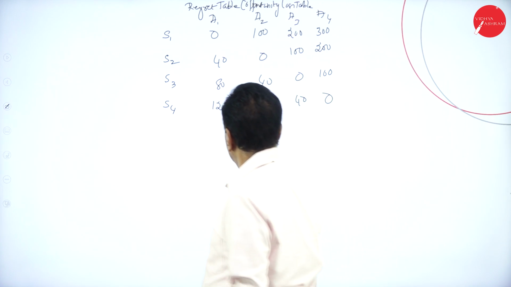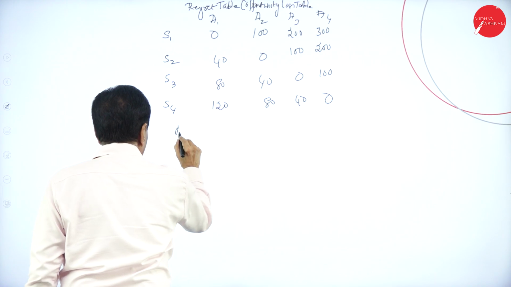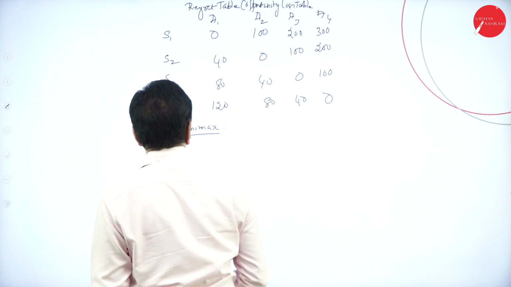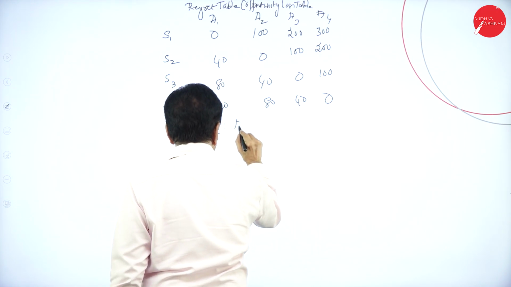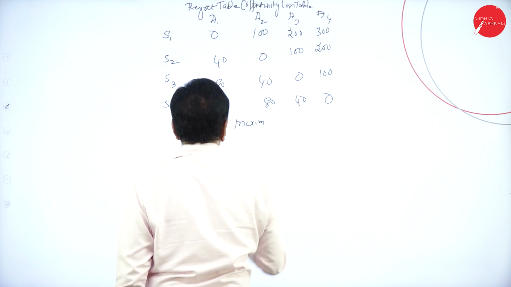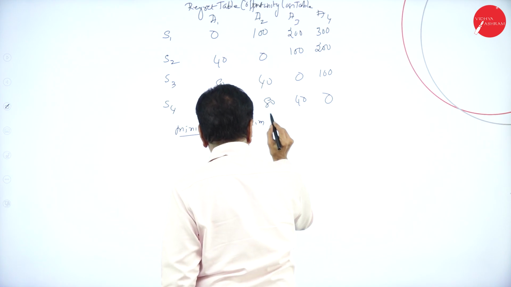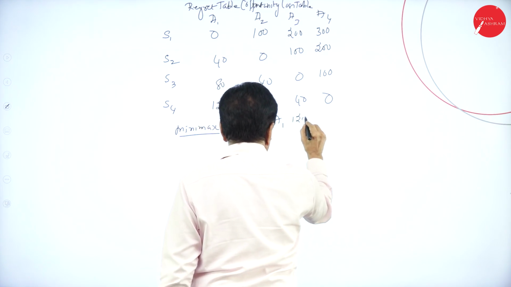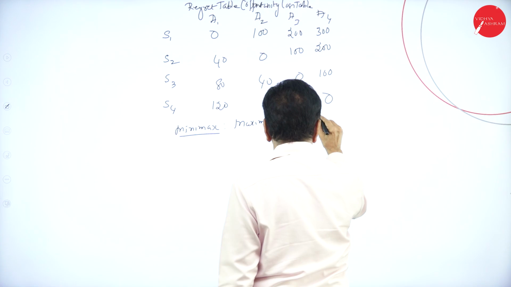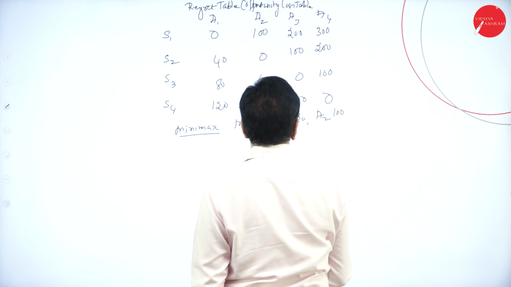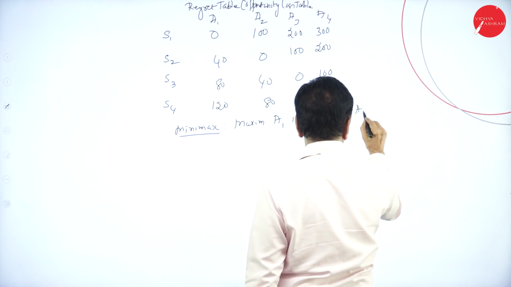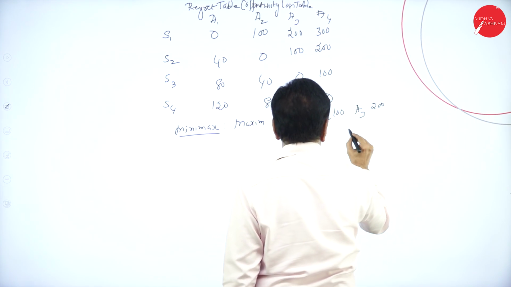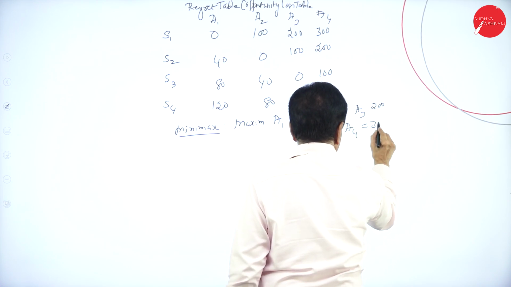So, maximum, minimax. Among the maximum, find out. Maximum A1 120, A2 100, A3 200, A4 300.